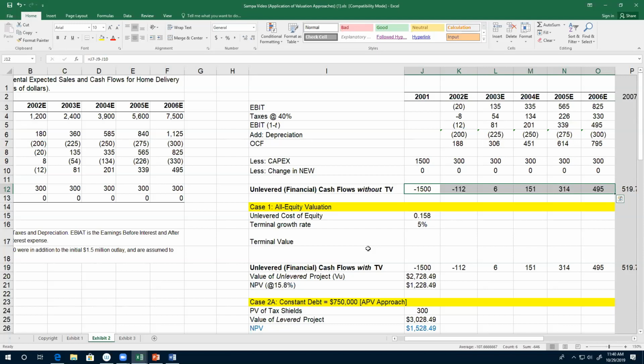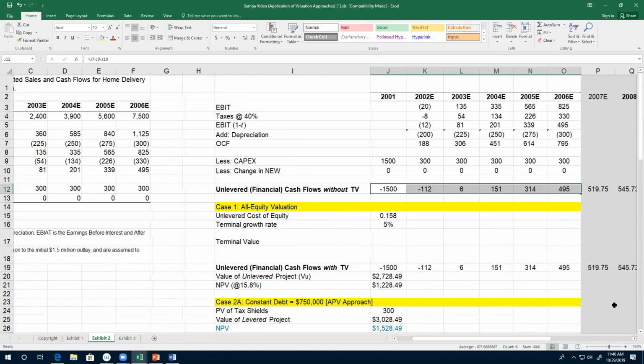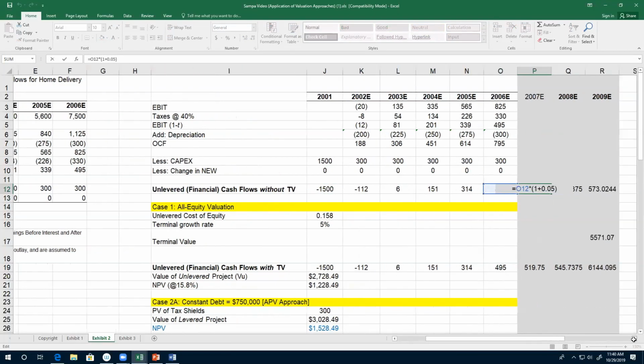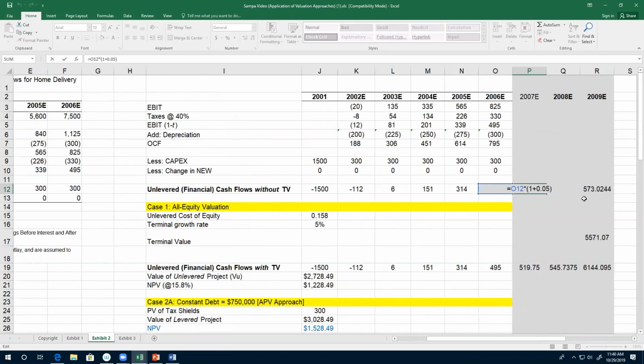So now here is what I'm doing, and you will see why I'm doing this later. I'm not directly calculating terminal value at this point. Rather, I am explicitly calculating my financial cash flow for 2007, 8, and 9 by taking this guy and multiplying it by 1.05. So 519 is basically this guy multiplied by 1.05.